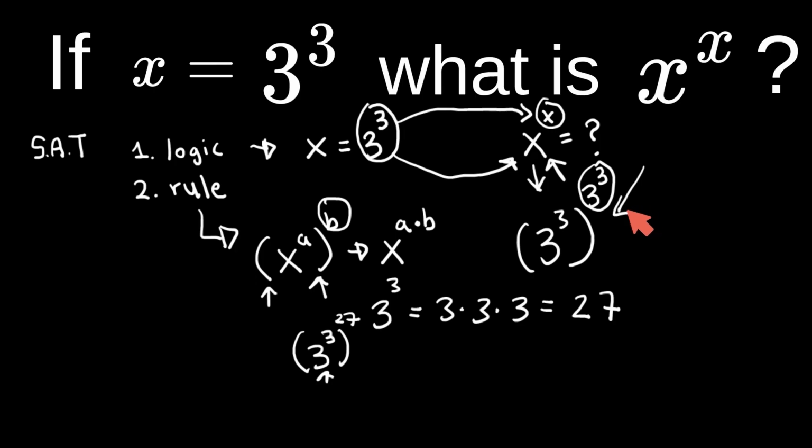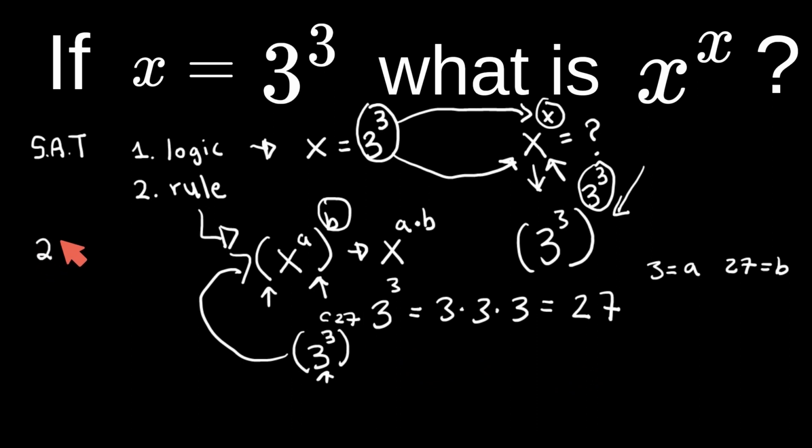So what we need to do next is apply the power rule over here, a times b. So let's break it down. 3 is a and 27 is b. So let's multiply 3 times 27. Let me do it on this side.